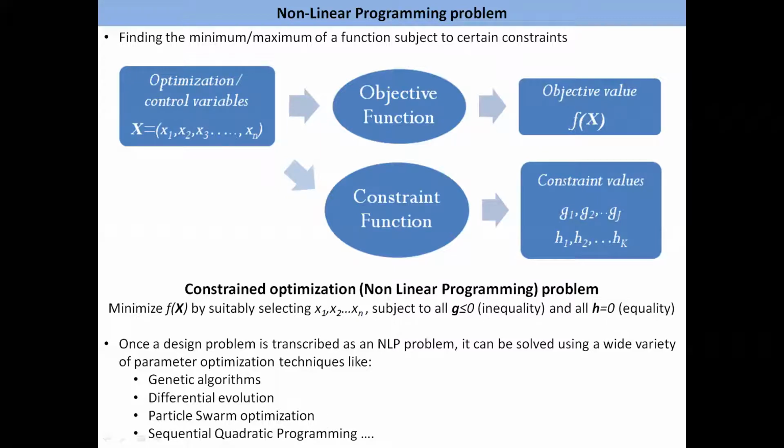Then there are sequential programming, Lagrange multiplier methods, etc., which are gradient-based methods. So you can use these algorithms to solve. You don't need to understand these algorithms completely in order to solve them. Ready-made codes are available in almost all scientific computing libraries, MATLAB or Python, C++. You will be able to solve.